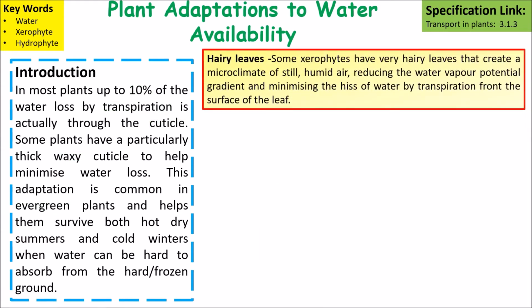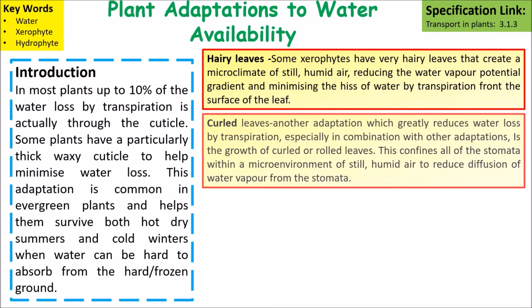You can have hairy leaves. Some xerophytes have very hairy leaves that create a microclimate of still, humid air, reducing the water vapor potential gradient and minimizing the loss of water by transpiration. Leaves can be curled.